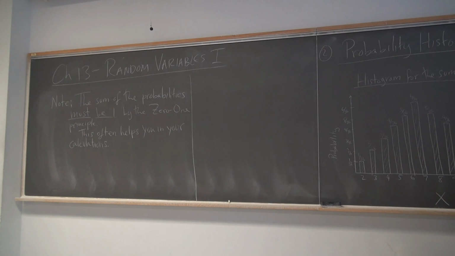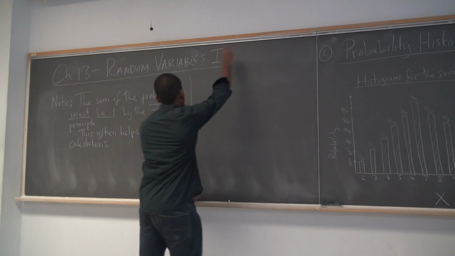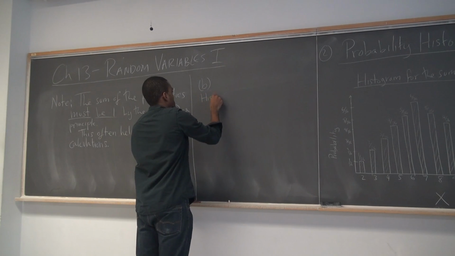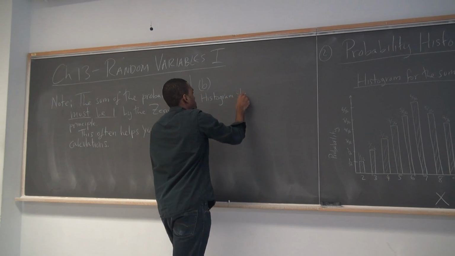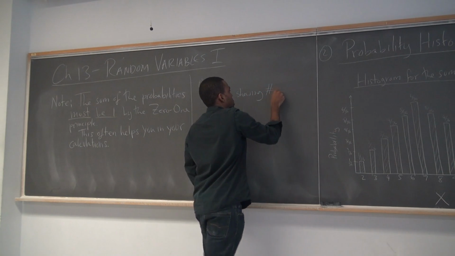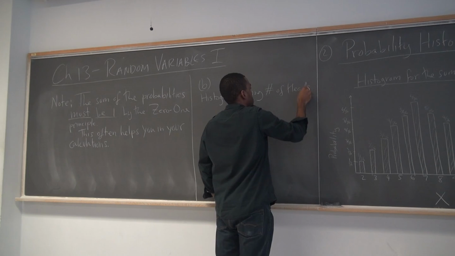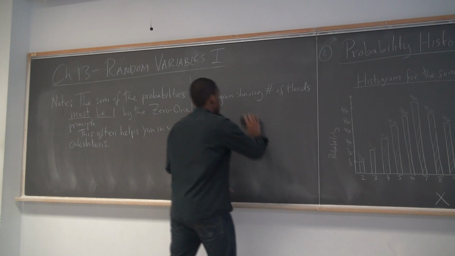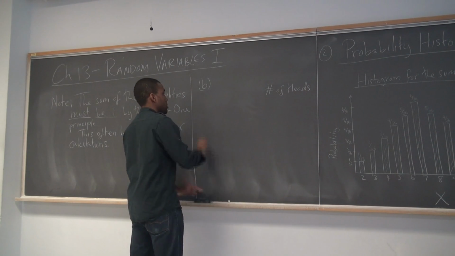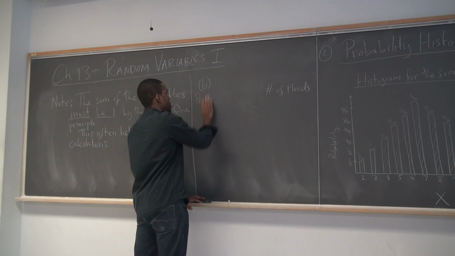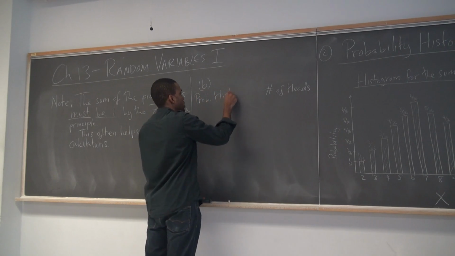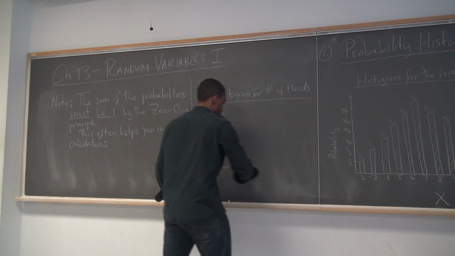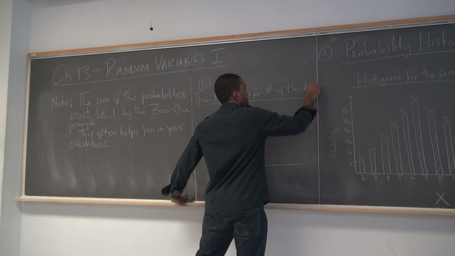So that was part A. Part B is to draw the histogram. A probability histogram for the number of heads, which we call x.